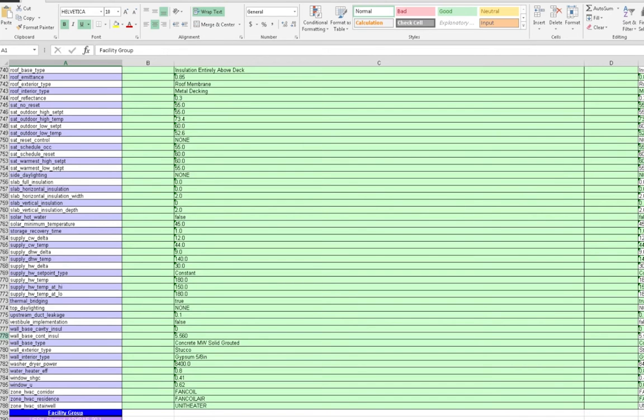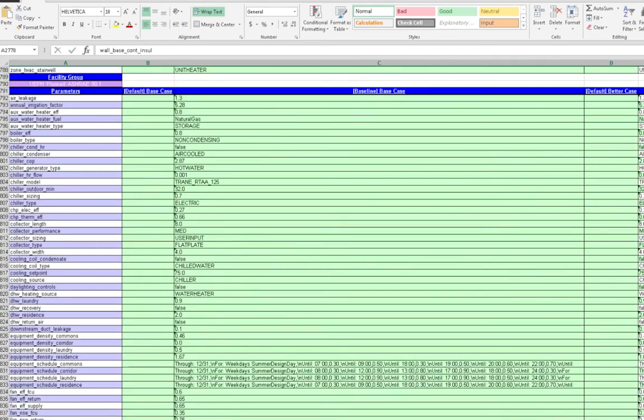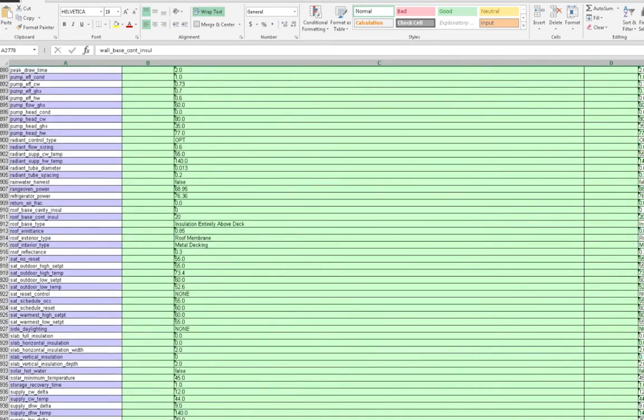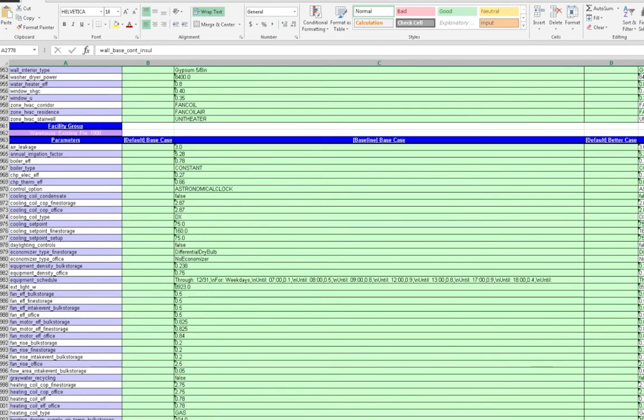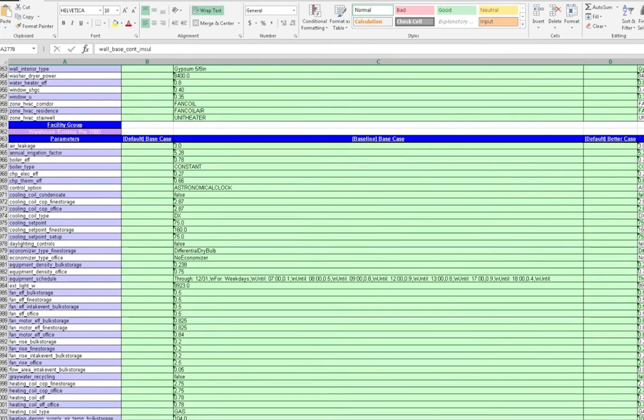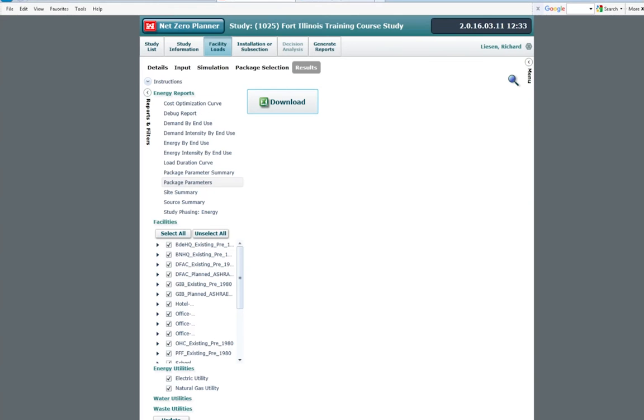So there's the wall base continuous insulation for this facility group, and you can look at that however you like in all these package parameters. So it's not picking out, let's say, your favorite parameter, but it is picking it all out, so you have a basis to go look at what's important to you.